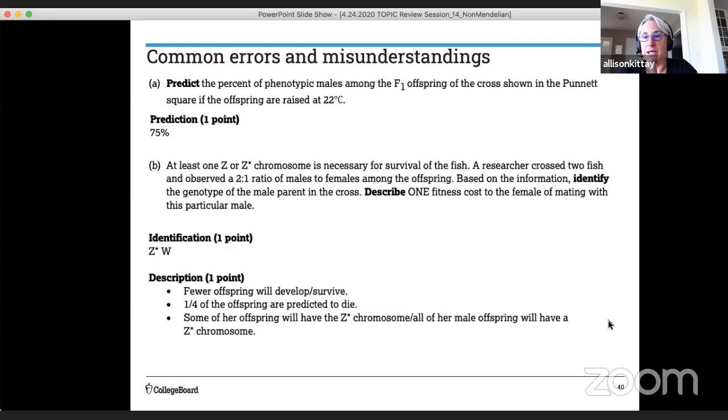The individuals that get the WW genotype will die. And another thing is that all of those male offspring will have the Z star chromosome, and that doesn't bode well for the next generation.